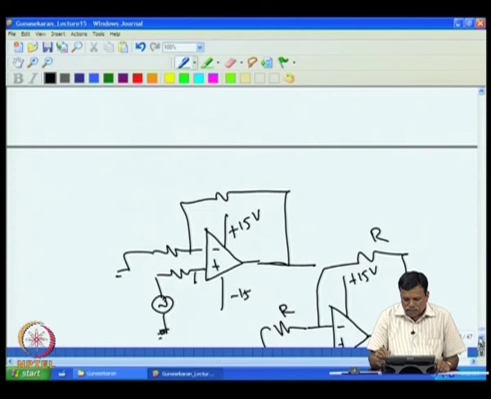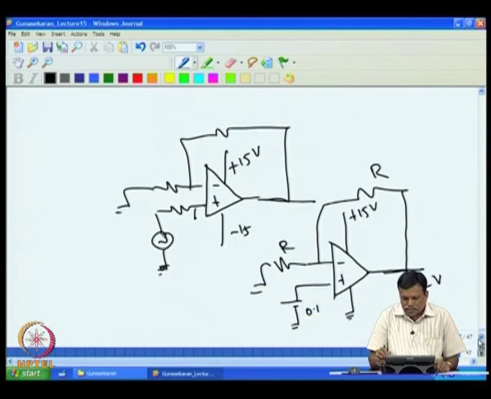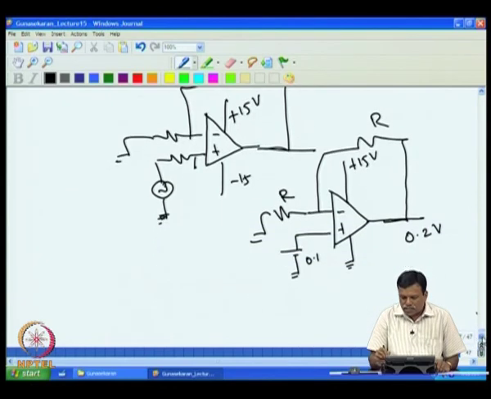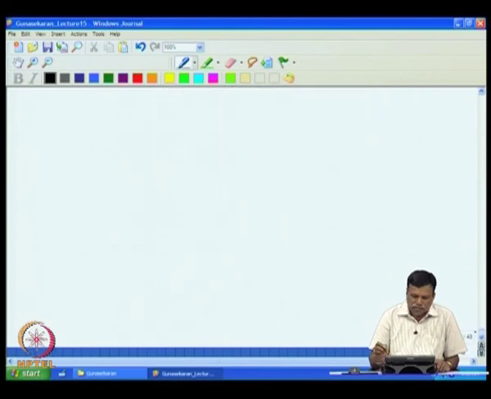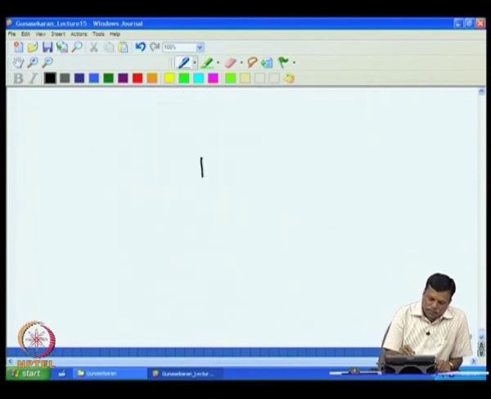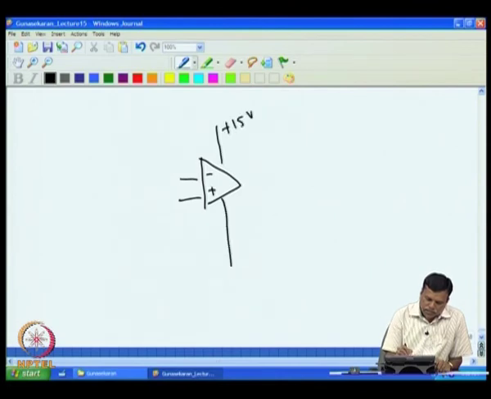So that is what we have done in this case. Many times, otherwise, if you want to use a single supply, we can also make a floating ground. Say we have a plus supply alone, and then you have a ground.